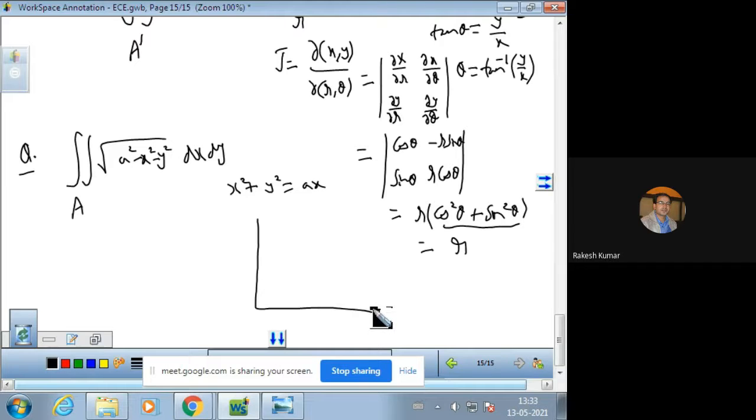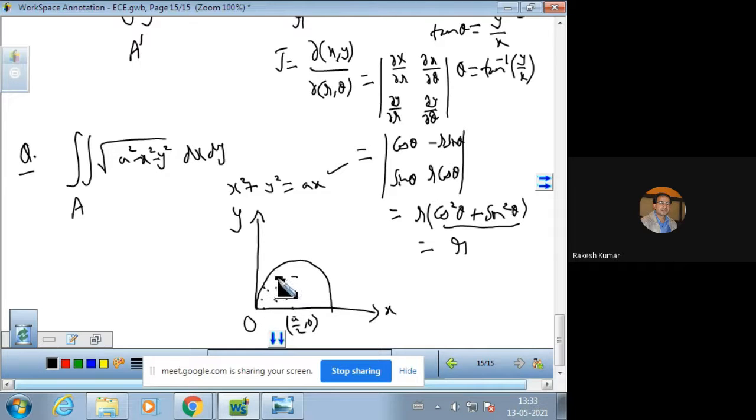This is important. Lying in the first quadrant. So this is the semicircle we have, and obviously it has a center a by 2, 0, and the radius is also a by 2. You can easily calculate from the equation of a circle.